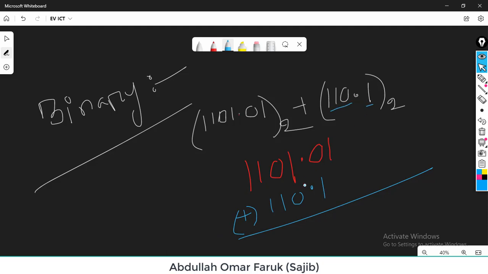For the whole part you start setting the numbers from right to left. So 0 is placed here, 1 is placed here, 1 is placed here, and this place is vacant. For the fractional part you also start from right to left. This 1 is here, and there is a vacancy.